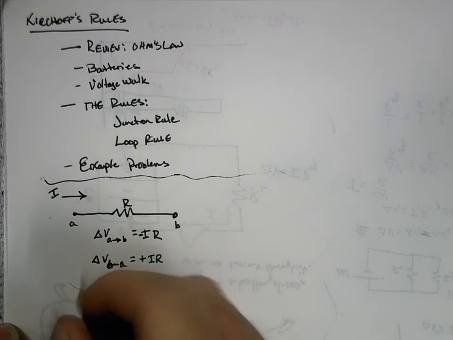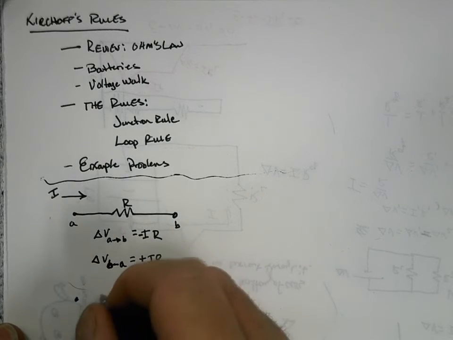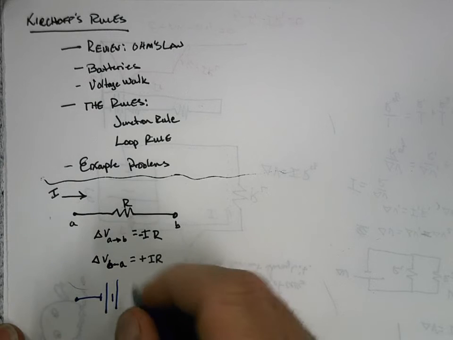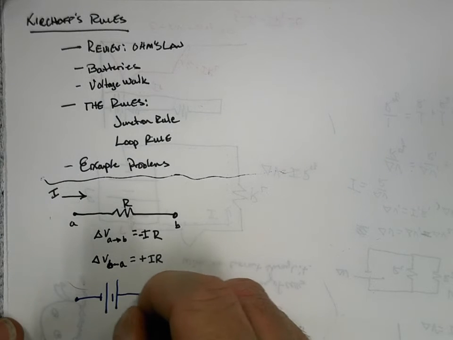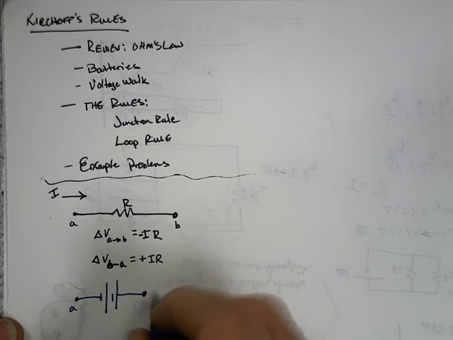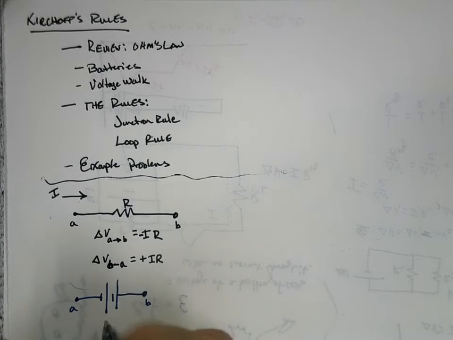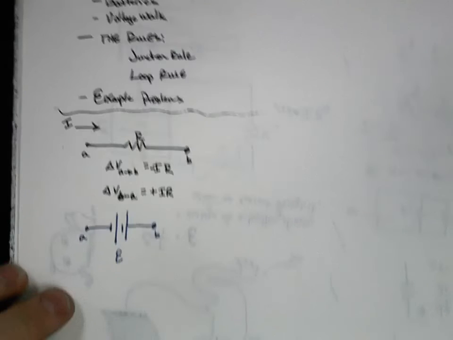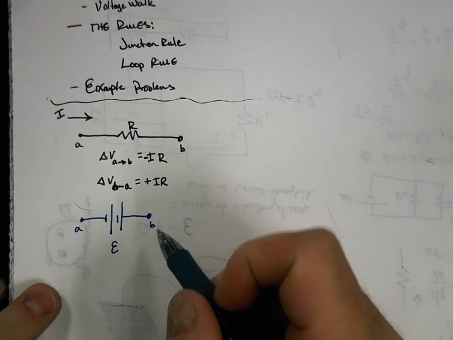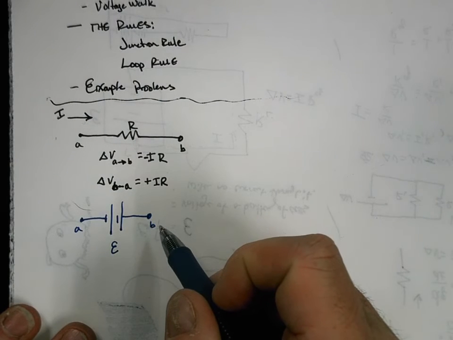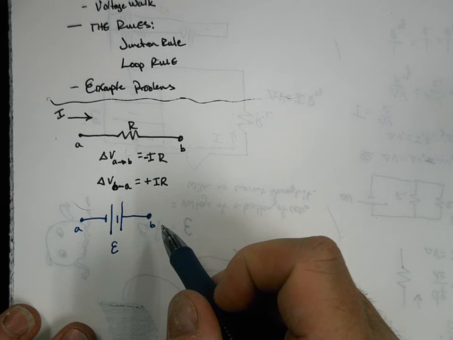So if we throw a battery in here, and it goes from point A to point B, it has an EMF. Why do I call it an EMF and not a voltage?